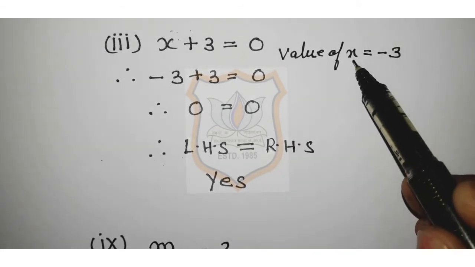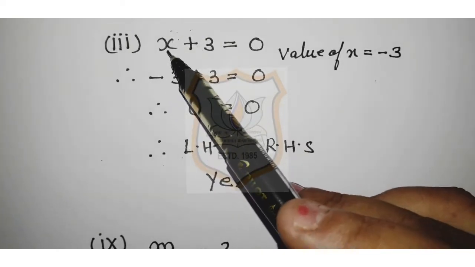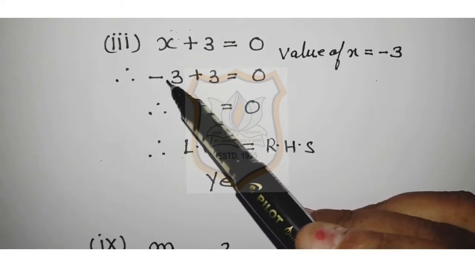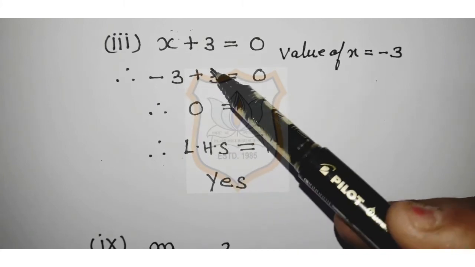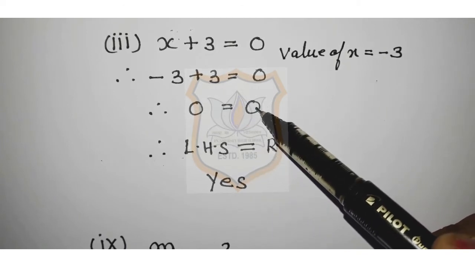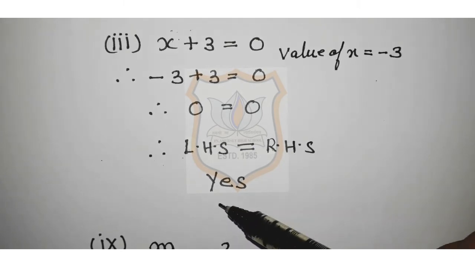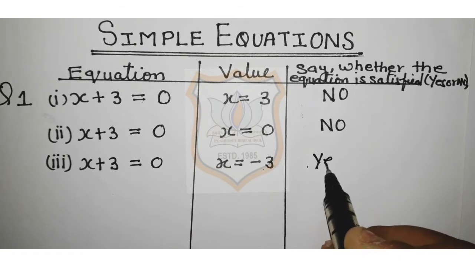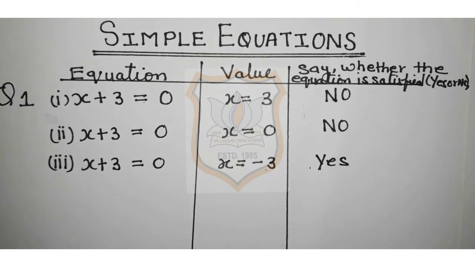In place of x, I have put minus 3. So minus 3 plus 3 is equal to 0. 3 minus 3 is equal to 0. 0 is equal to 0. So we can say that LHS is equal to RHS and our answer is yes. In the table we will write yes here. Yes, equation is satisfied.